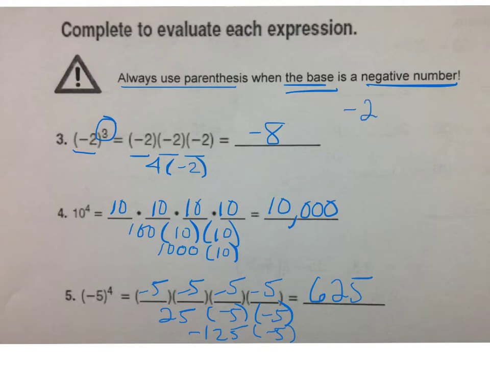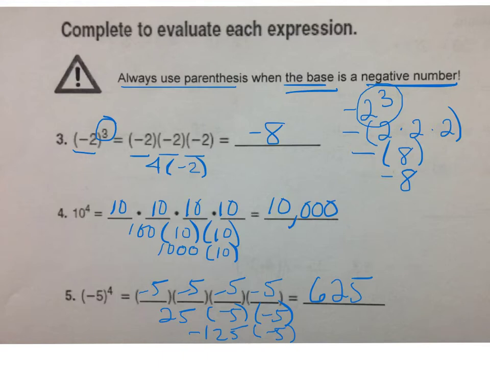If we have negative 2 to the third power with no parentheses, that means we're taking the base of 2 and cubing it, taking it to the third power. And then you apply the negative to that. So that means we're going to take the negative of 2 times 2 times 2, we're taking the negative of 8, which is negative 8. We got the same answer as we did the first time.